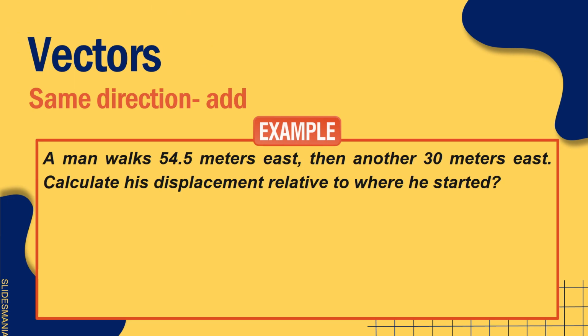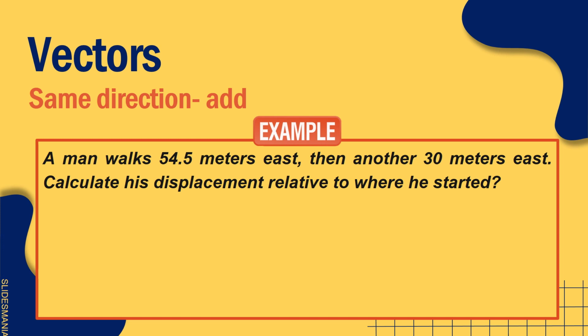Okay, so we are down to the calculation of the resultant vector or resultant displacement. It says here that if you have the same direction of displacement or vector, you are just going to add them. For example, a man walks 54.5 meters east, then another 30 meters east. Calculate his displacement relative to where he started.